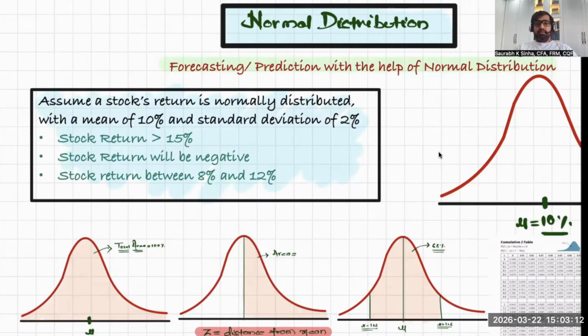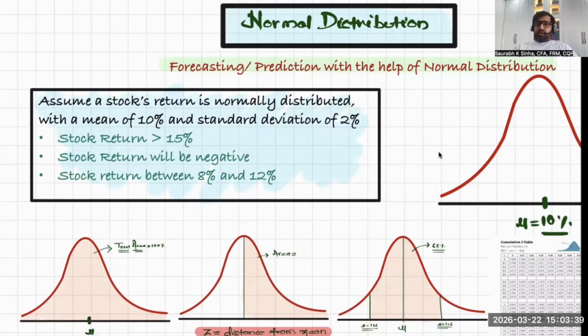The mean return of the stock is 10%, so on an average, the stock return yearly is 10%, and the standard deviation of the same is 2%. So that is the stock return information that we have.